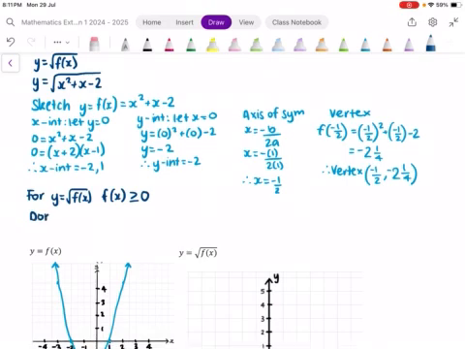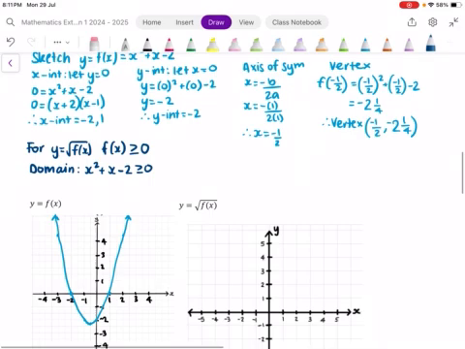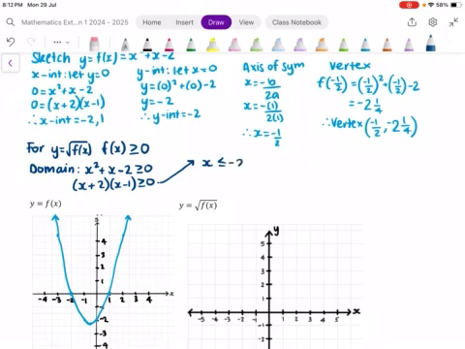So for our domain, x squared plus x minus 2 is greater than or equal to 0. When we factorize, x plus 2, x minus 1 is greater than or equal to 0, and so we get that x is less than or equal to -2 and x is greater than or equal to 1.